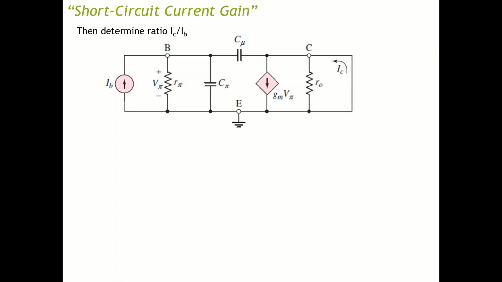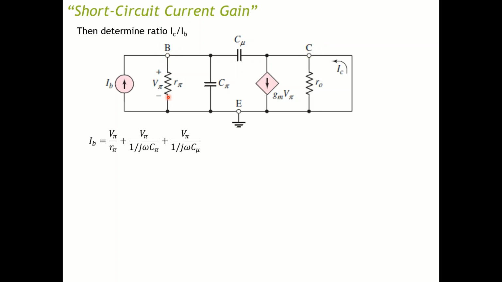So after simplifying the hybrid-pi model, now we move to the next step to determine the current gain. Since we are trying to find a relationship between two currents, the Kirchhoff's current law will come in very handy here. So first, let's use Kirchhoff's current law at the input node.